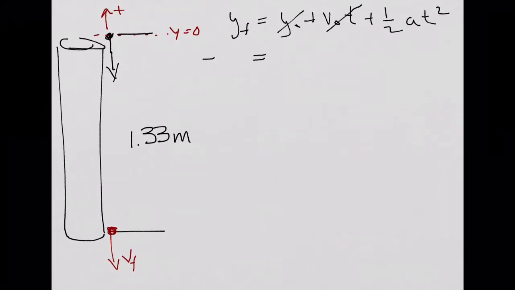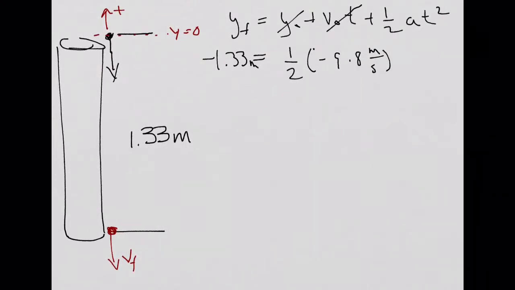I know the final position is 1.33 meters in the negative direction. That equals 1/2 times minus 9.8 meters per second squared times tf squared. And solving for tf, we get a time of 0.517 seconds. So that's how long it took to fall.